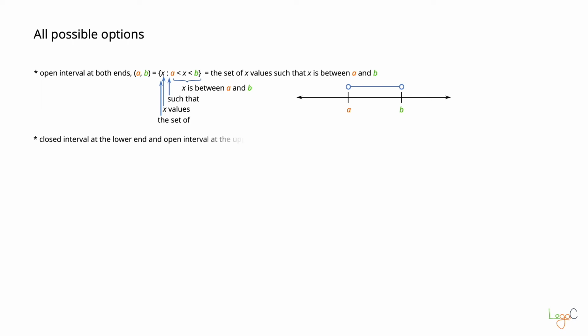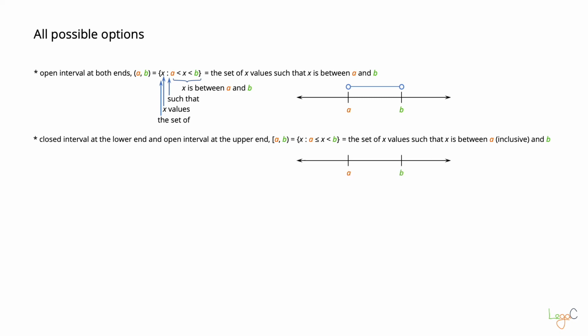A closed interval at the lower end and open interval at the upper end. So this is the set of x values such that x is between a inclusive and b exclusive. So we have a dot at a and a circle at b. Now, an open interval at the lower end and closed interval at the upper end.